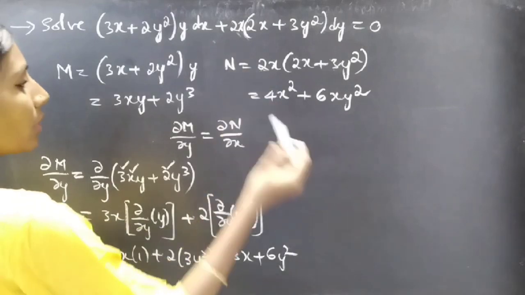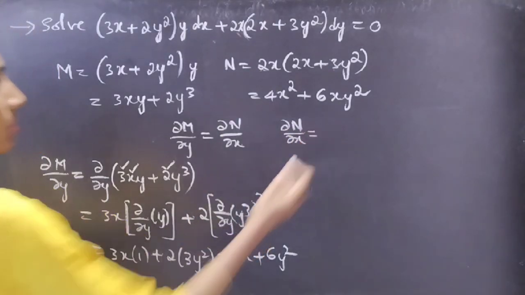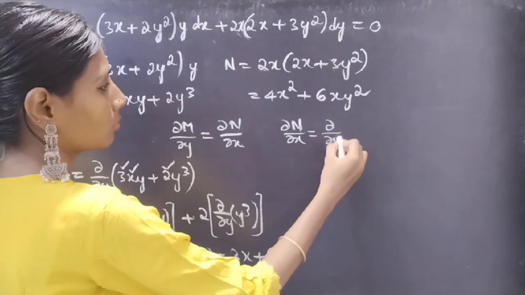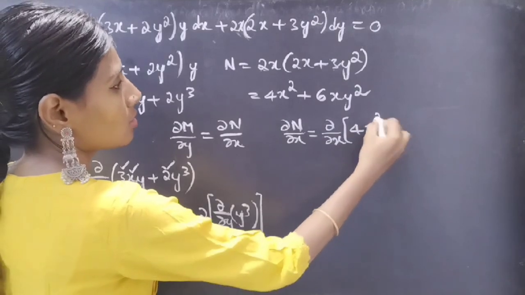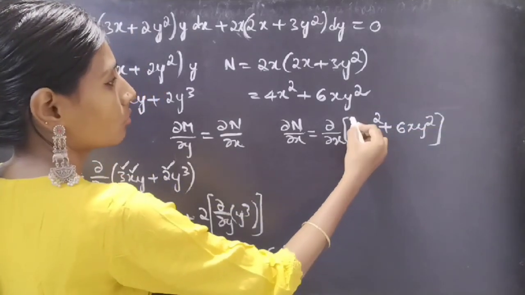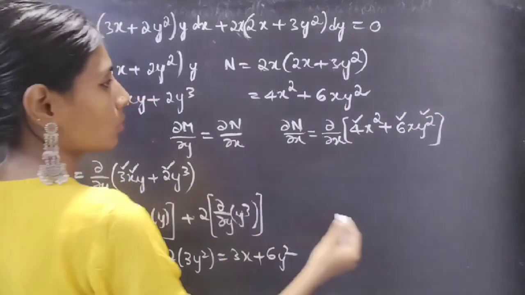Now let's find partial derivative of N with respect to x, treating y as constant. We have N, 4x square plus 6xy square, right? So in the first term 4 is constant, in the second term 6y square is constant.